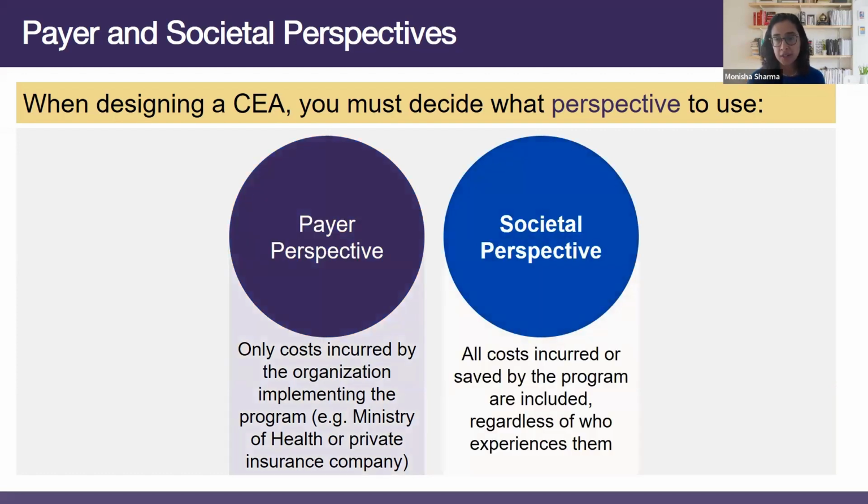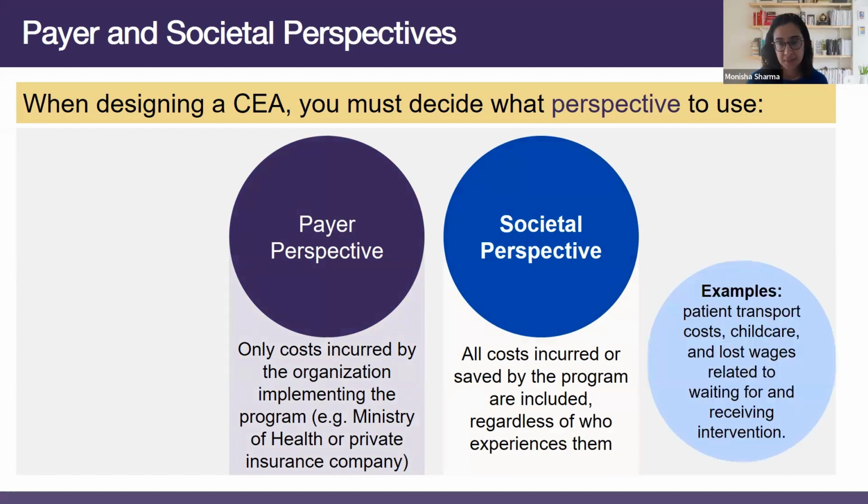And if you take the wider societal perspective, then all of the costs incurred or saved are included, regardless of who experiences them. So this includes patient time and childcare and lost wages. If you're doing a time and motion, you would estimate the time that it takes for a patient to receive an intervention, the time that they're waiting in the waiting room to get care.